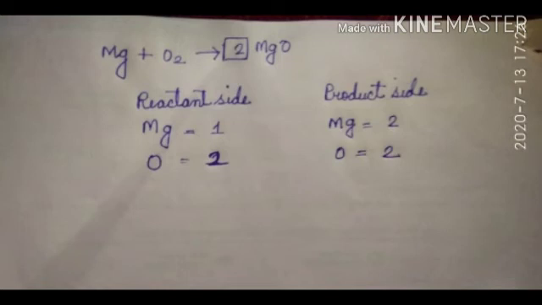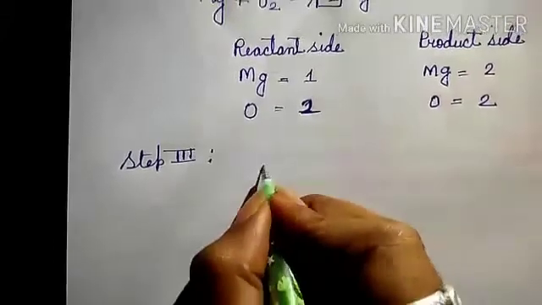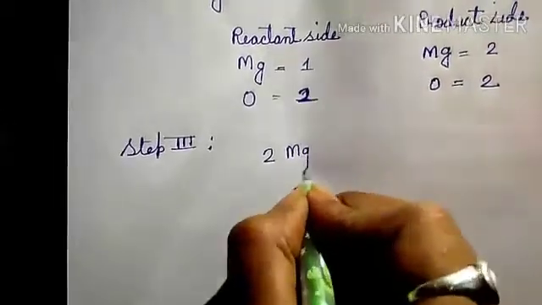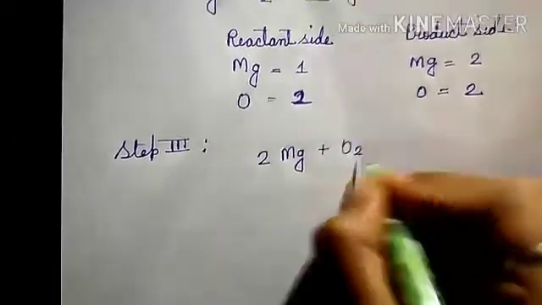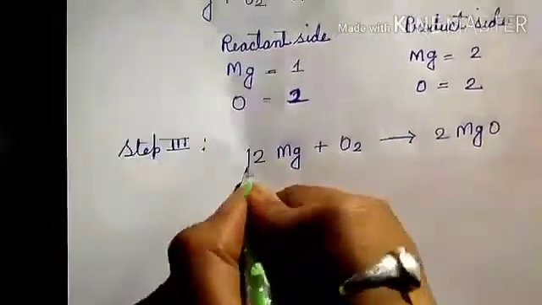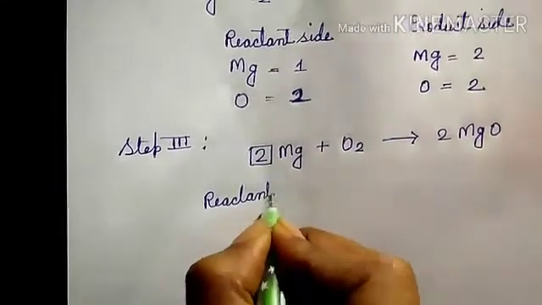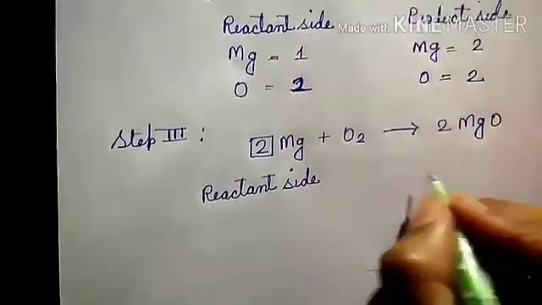Now in the third step, we will multiply the magnesium atom on the left hand side by 2. So we write 2 Mg plus O2 gives 2 MgO. Now we will check the number of atoms of each element on the reactant side as well as the product side.